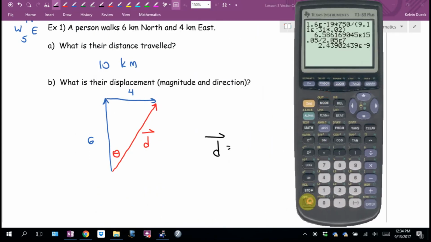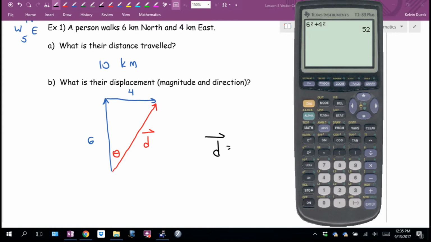So again, I hope you're okay in handling Pythagoras. And again, that's totally wrong. I went 10 squared plus 4 squared. I'm totally wrong. It's 6 squared plus 4 squared. Wow.